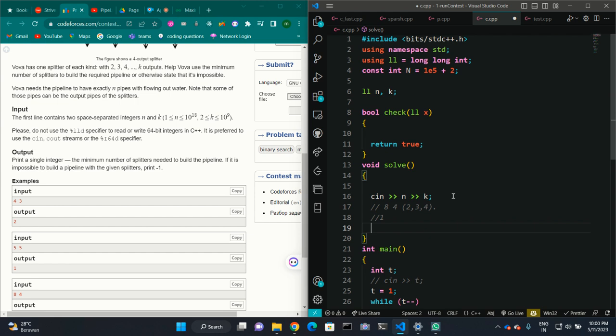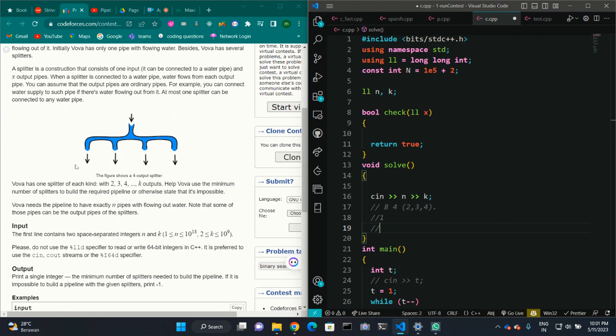So initially you have one. Now first, suppose at level 1 I attached the biggest splitter. So I attached 4 to the one water source. Then my resulting output will become 4, right? So 1 plus 1 plus 1 plus 1.